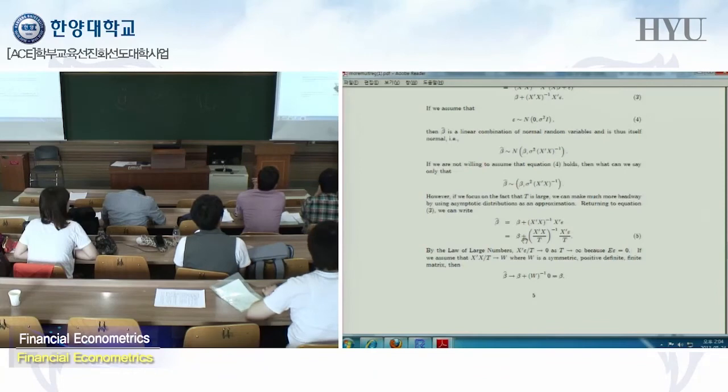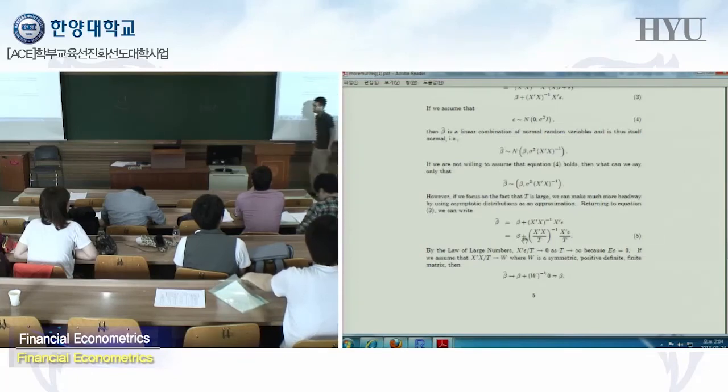Over there, we assumed that the mean of epsilon is 0. Since the expected value of epsilon is 0, and this is something like the average of the epsilon, this should converge to 0, and this is exactly the law of large numbers. This is actually slightly different from the law of large numbers, but let me explain that later.